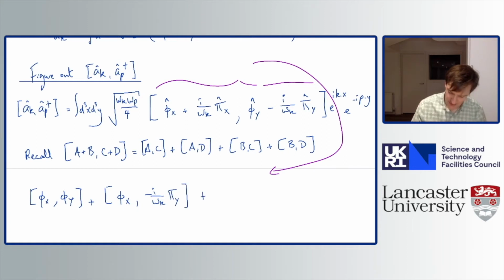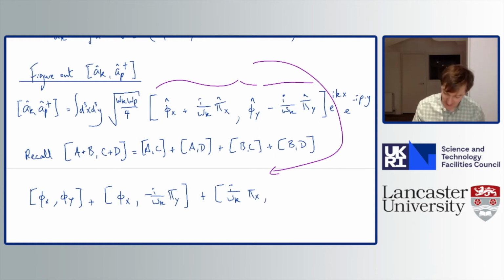Then we have B with C. I want to keep it clean, so I'm going to leave the hats off the expressions because it's already a lot of terms floating around.